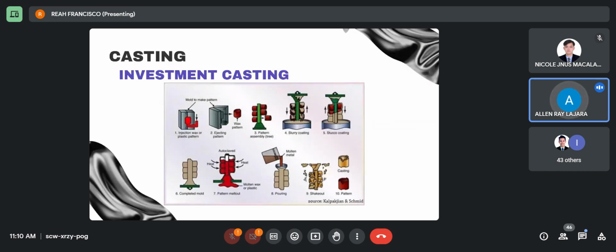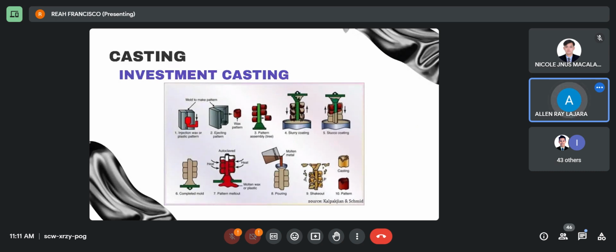Then sa 3 naman po, ay i-assemble natin yung mga nagawa nating wax pattern sa pattern tree. Sa 4 naman po ay slurry coating. Ilulublob po natin yung pattern tree sa ceramic slurry para tumigas yung ating mold.